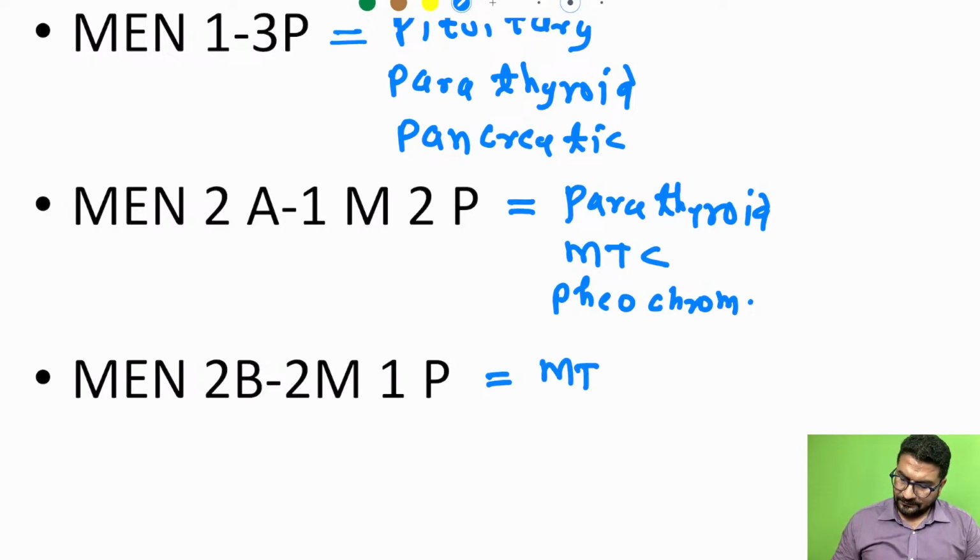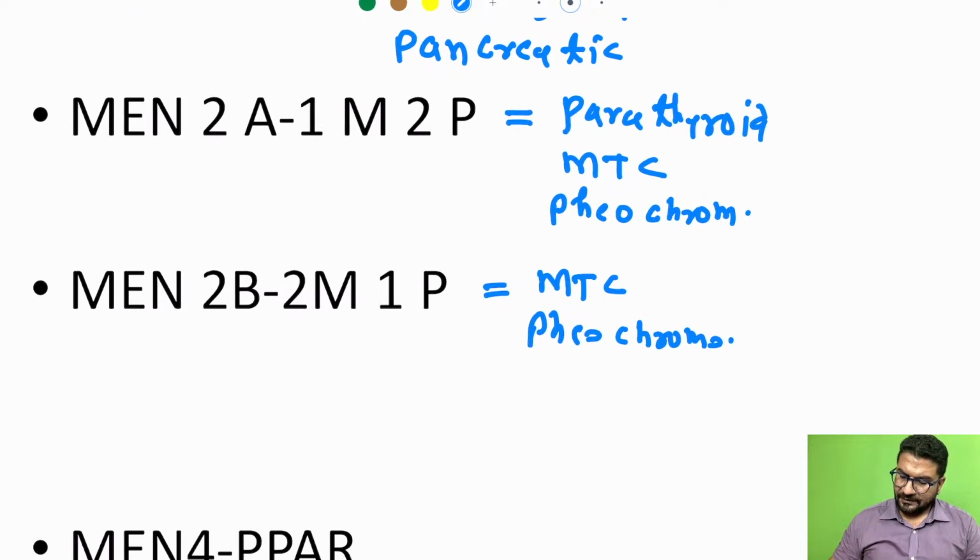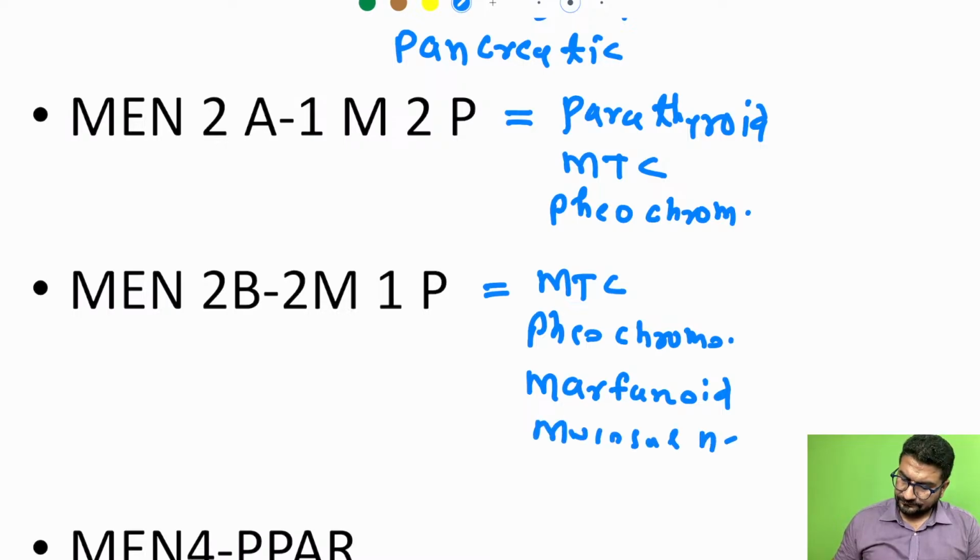In MEN 2B there will be MTC, pheochromocytoma, and Marfan syndrome-like features, Marfanoid habitus, mucosal neuroma, and the patient will have megacolon.